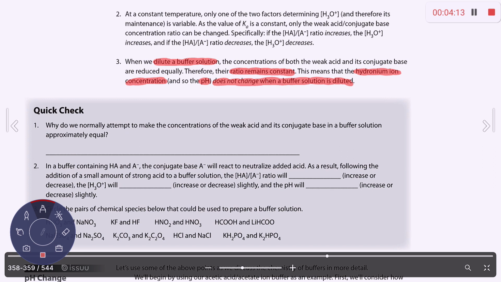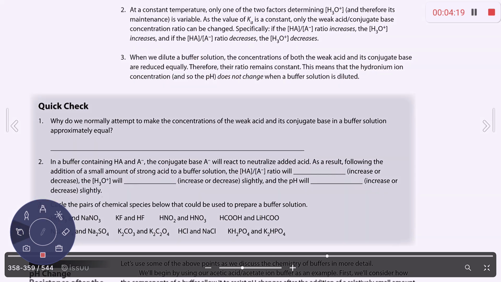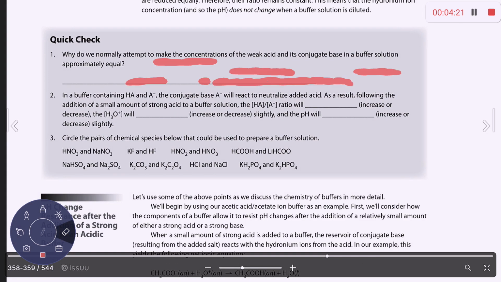Okay, let's take a look at a couple of things here. Let's look at question number 2. In a buffer solution that's got a weak acid and its conjugate base, they will react to neutralize any added acid.